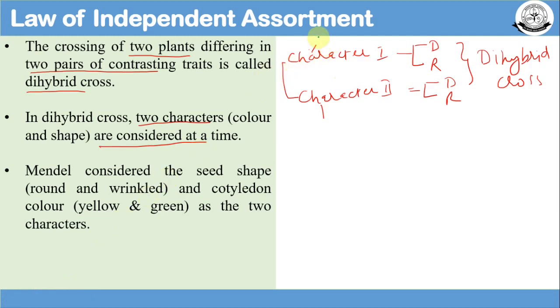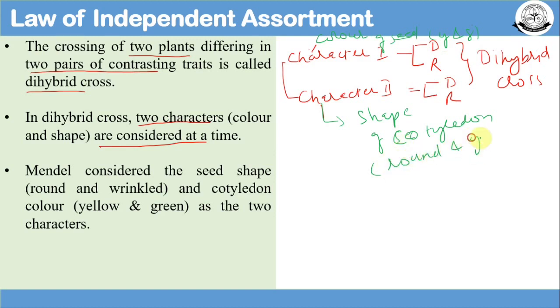In the book, character 1 is given as the color of the seed, or let's take color of the cotyledon, that was yellow and green, and shape of the seed was round and wrinkled.